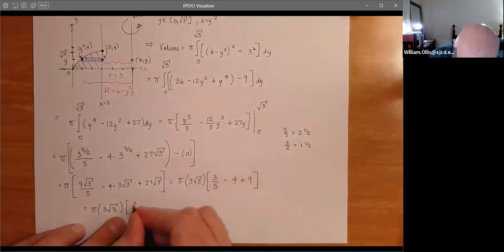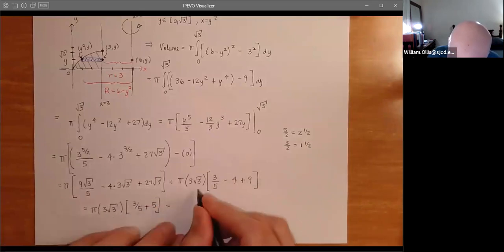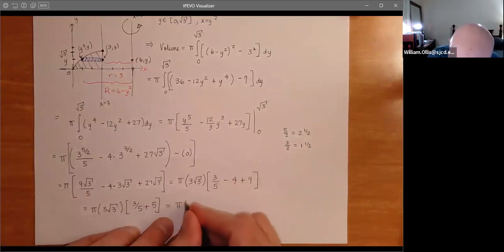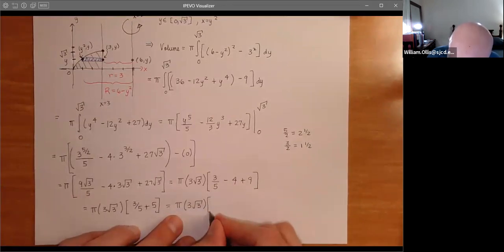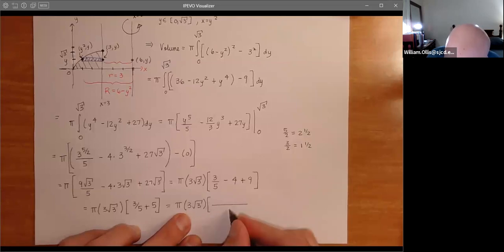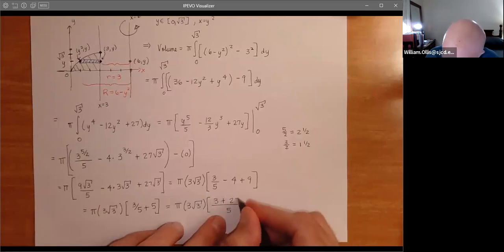So this is 3/5 plus 5. So we can get a common denominator. So we'll do the 5. So that gives us a 3. And of course, 5 times 5 is 25.